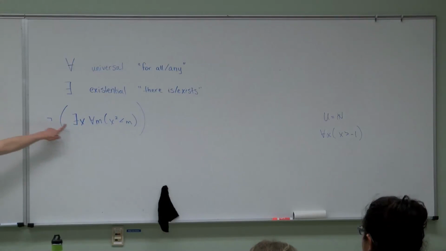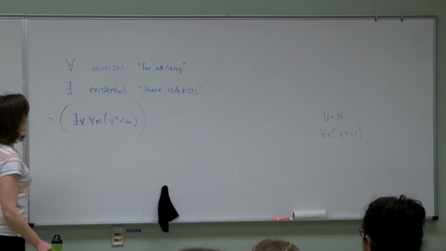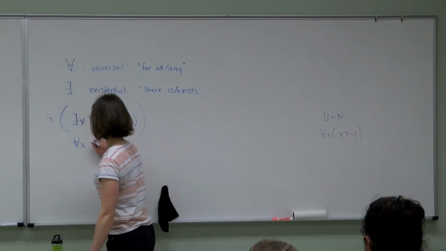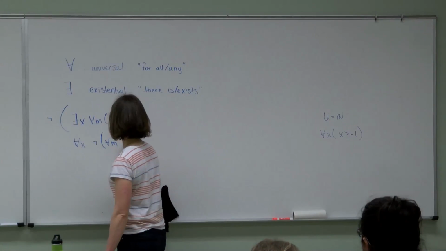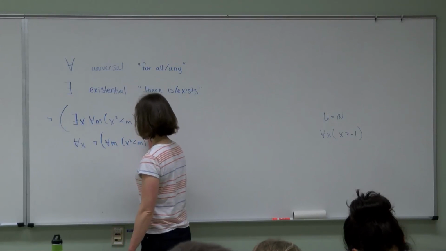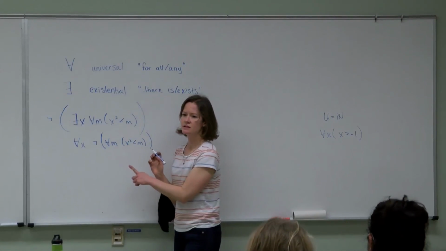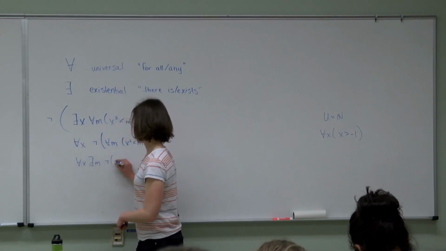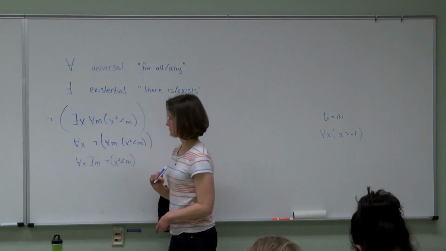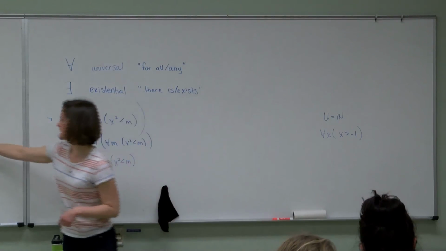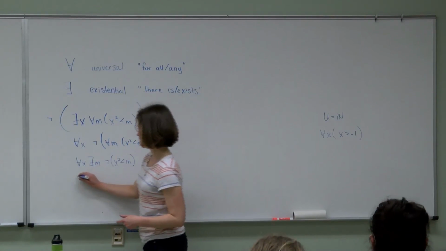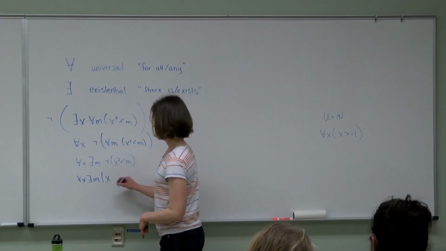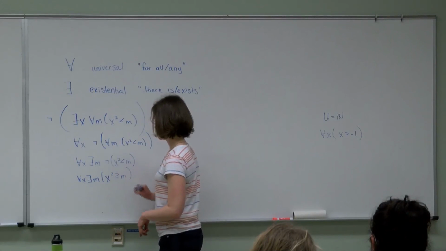I distribute the negation to the there exists, and that becomes for all x, and then I've got the negation of for all m, x squared is less than m. When I negate the universal, it becomes existential. And then I need to negate x squared less than m. We did that right before: flip it, add the equality part. So I get, for all x, there is an m such that x squared is greater than or equal to m.